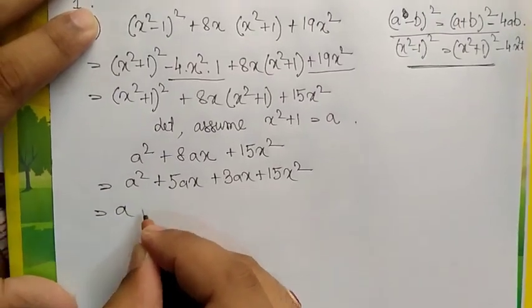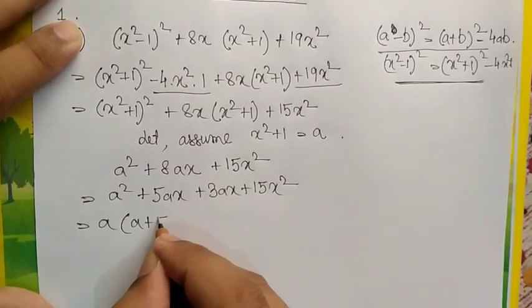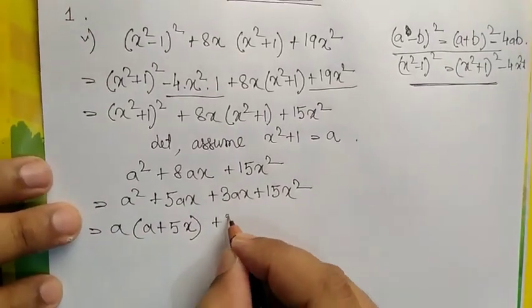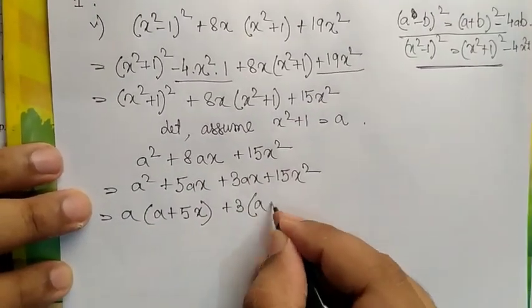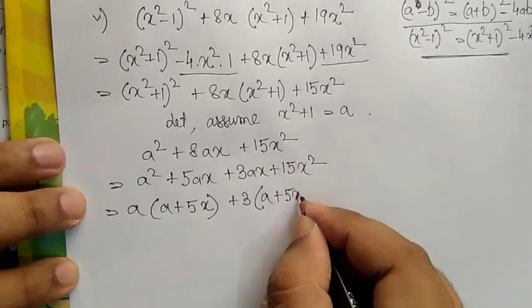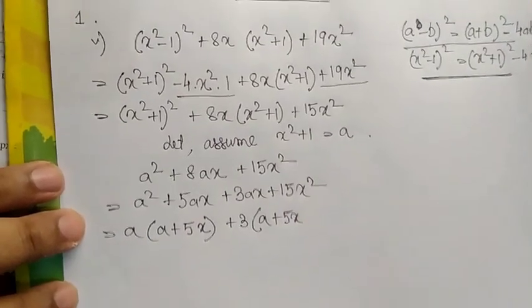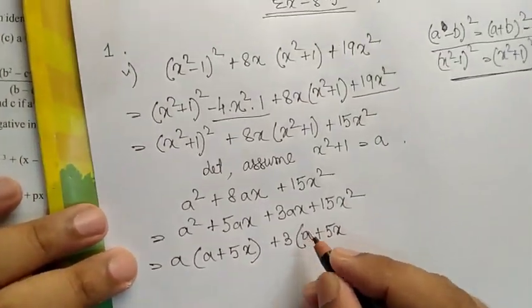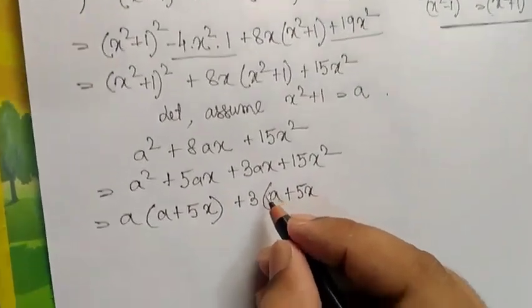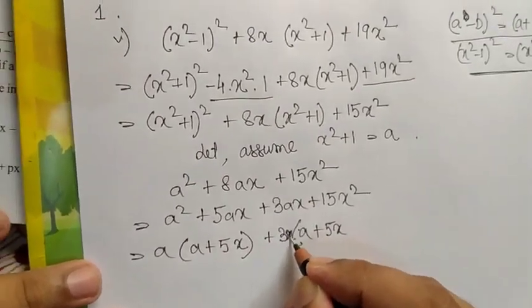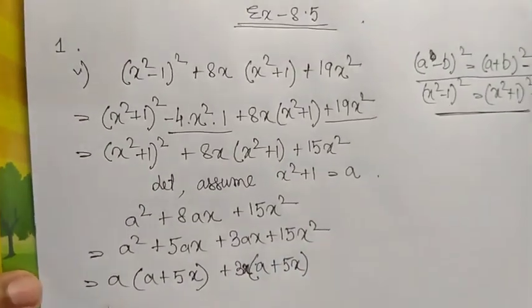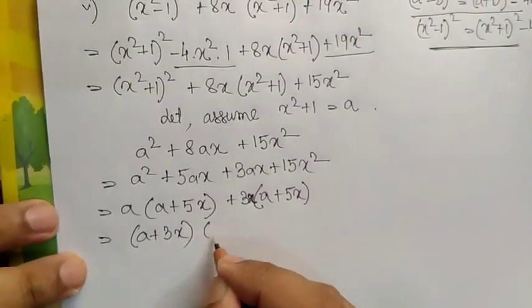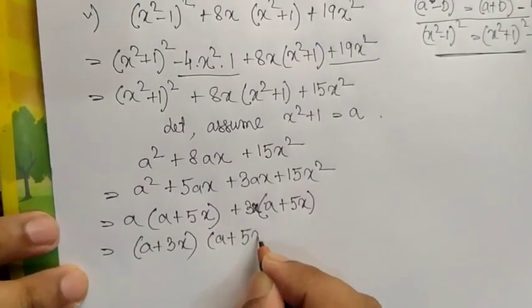After that, a(a plus 5x) plus 3x(a plus 5x), 3x is common here, so therefore (a plus 3x)(a plus 5x).